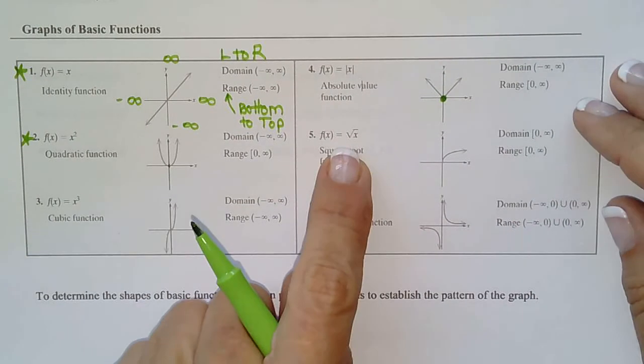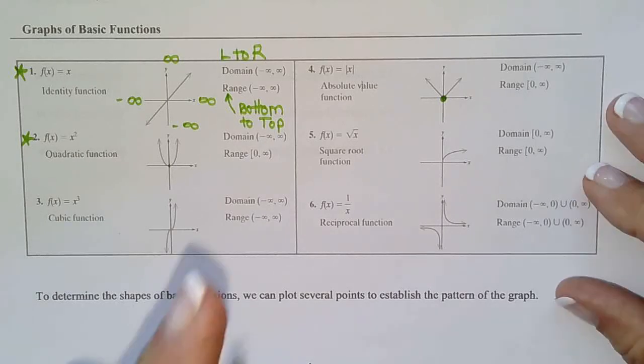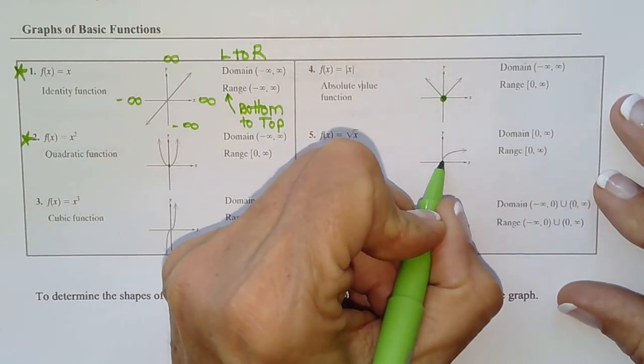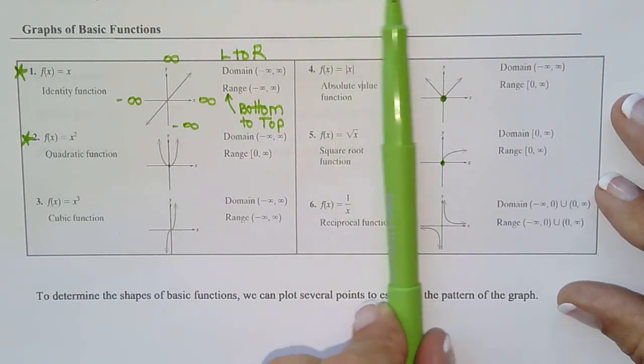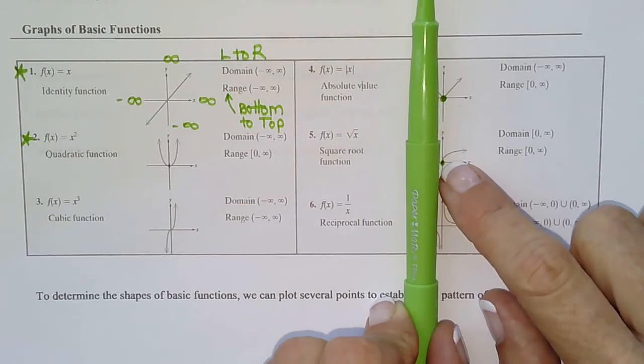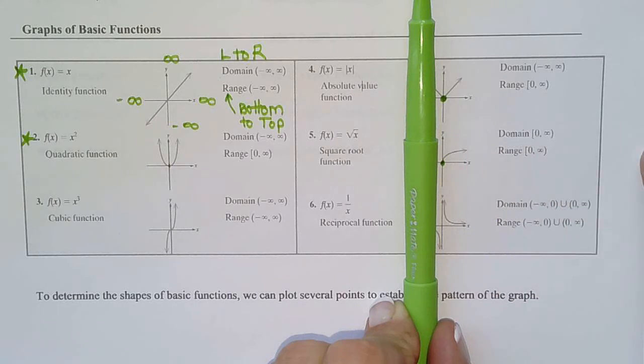Square root function, which we work on square roots in chapter 6 in this class, so we'll see more of this. So here's the starting point for the square root function. When I'm going left to right to find my domain, I see my first x value is 0, and it's an actual point, and then it goes right forever.